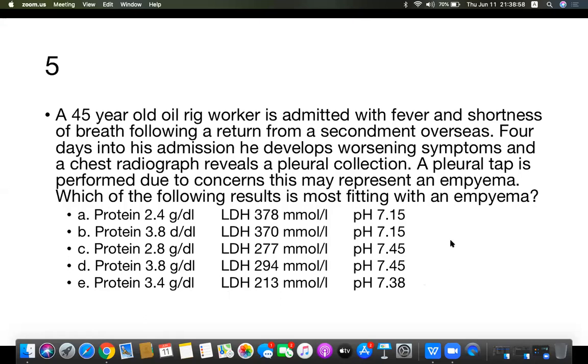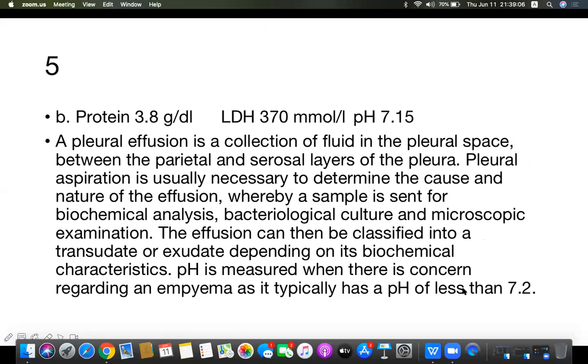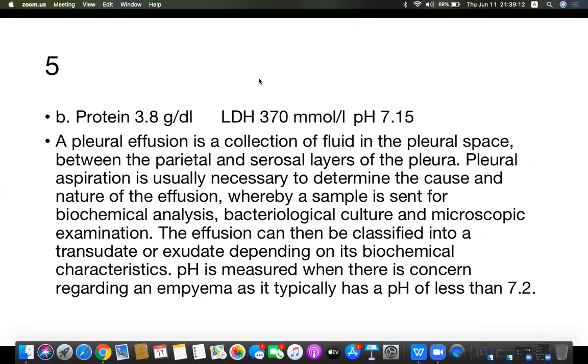Now let's take this opportunity to explain about transudate, exudate, and certain things about empyema. Now see here. The answer is B. Protein 3.8, LDH 370, and pH 7.15. Now we all know what is pleural effusion. It's a collection of free fluid in the pleural cavity.